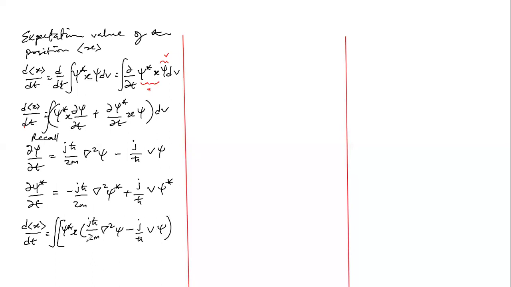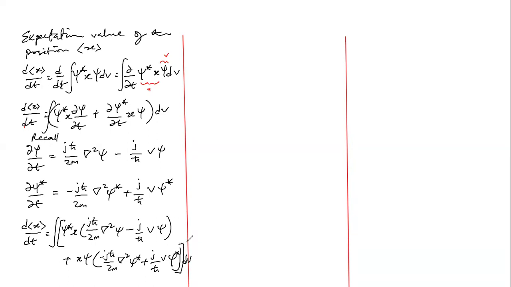That's done. Then plus this expression times this. We want to multiply x psi by this expression, which is minus j h cross over 2m nabla squared psi conjugate plus j over h cross V psi conjugate, then dV, right?